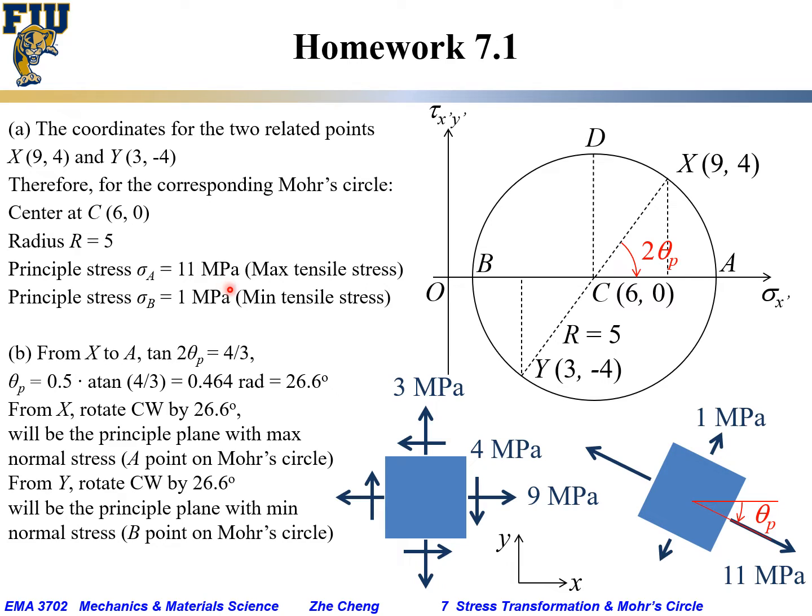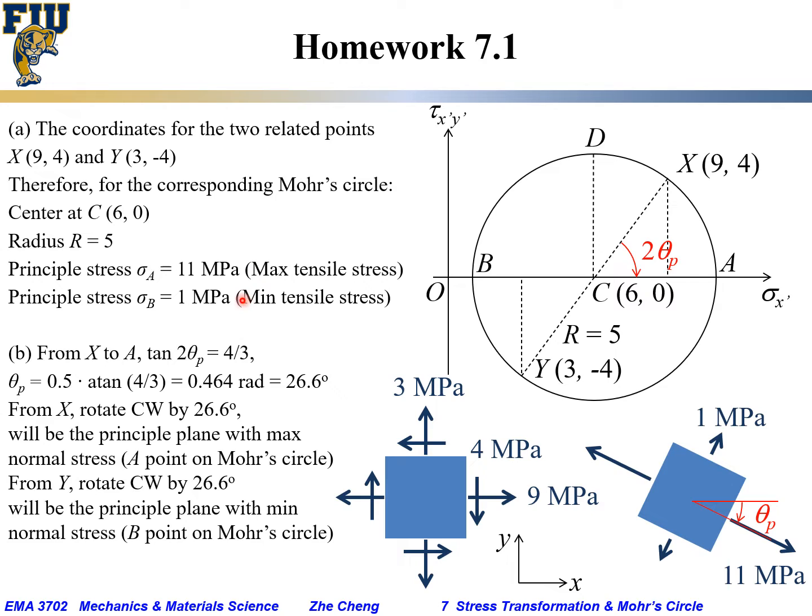The minimum tensile stress is in the other direction, which is center minus the radius. The center is at 6, 0, the radius is 5, so the B point is 6 minus 5, which is 1 megapascal, still tensile. The vertical, of course, is 0. So now we know the principal stresses in this plane.